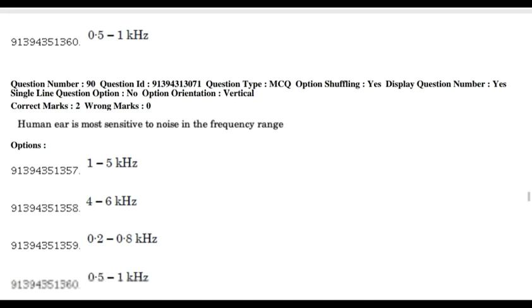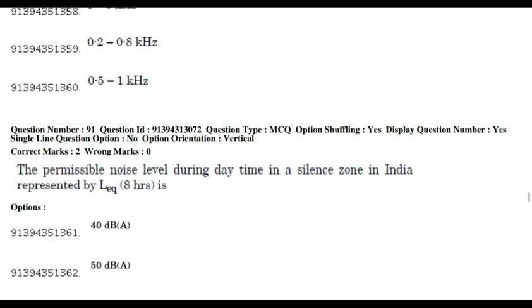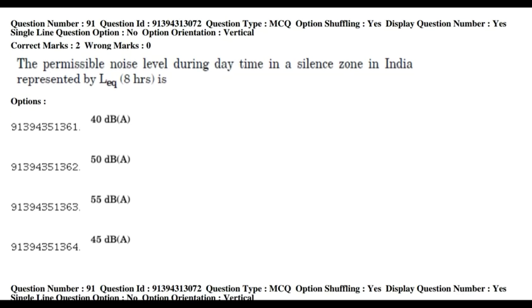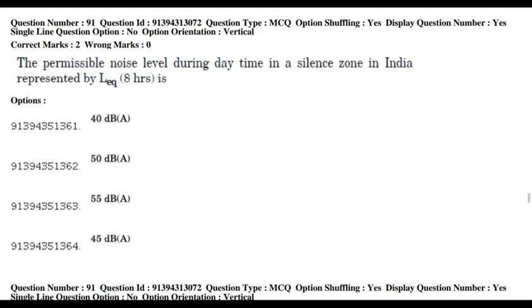Next, the permissible noise level during daytime in silence zone in India is represented by how much? It is 50 decibel.